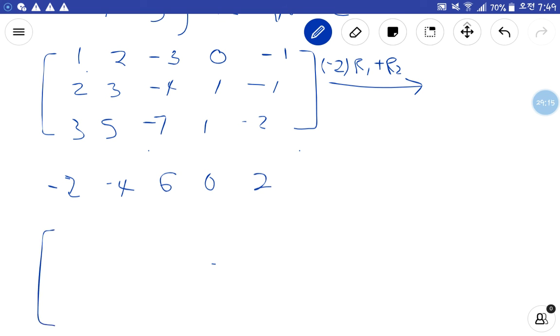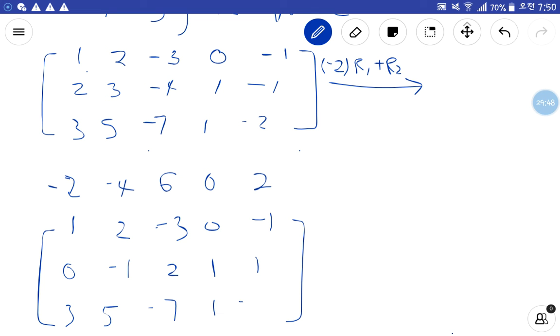Now add it to your second row, and keep your first row the same. Second row: 2 plus negative 2 is 0. 3 plus negative 4 is negative 1. Negative 4 plus 6 is positive 2. 1 plus 0 is 1. Negative 1 plus 2 becomes positive 1. Now the third row: 3, 5, negative 7, 1, negative 2.